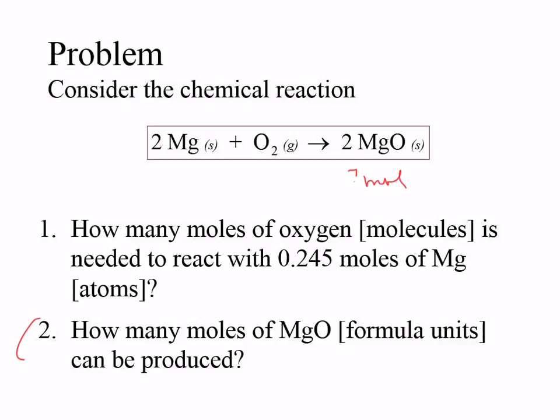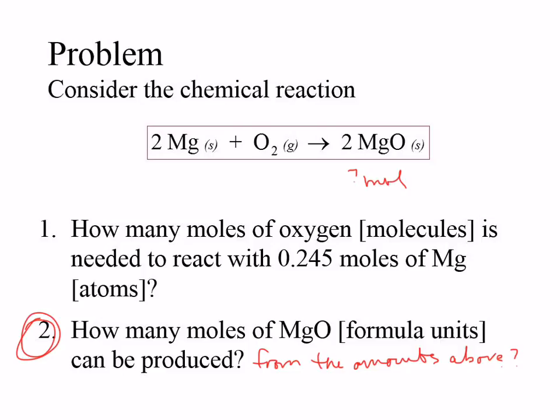Now, this is not written very well. It should say can be produced from the amounts above. How's that? Number 2 is basically piggybacking off of number 1. So it's not very well written. You wouldn't see that kind of thing on a test.